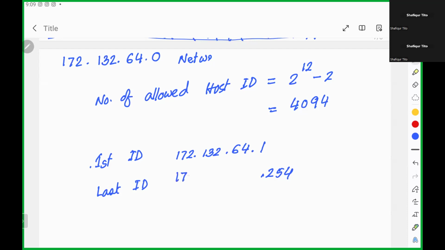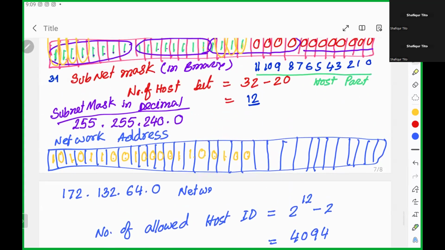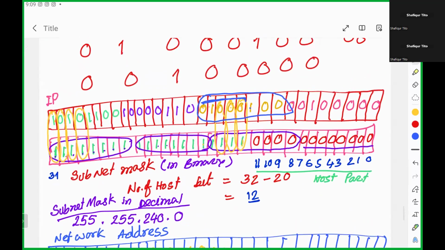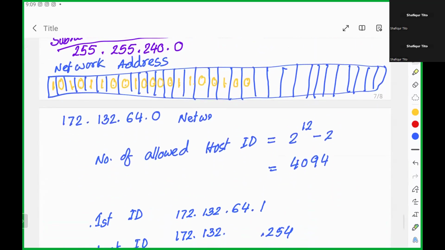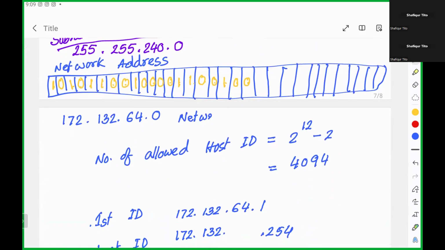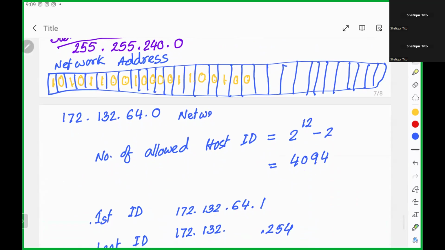And 172 will be the same, and 132 will be the same. There will be no change. But if you take a look at my network address, the host ID will not be able to change those bits. You can see these are the 8 bits, 1, 2, 3, 4, 5, 6, 7, 8, grouped together, and then again 1, 2, 3, 4, 5, 6, 7, 8, grouped together.